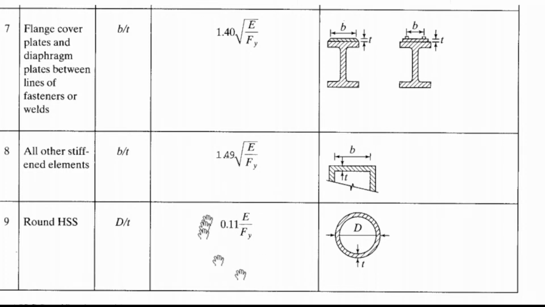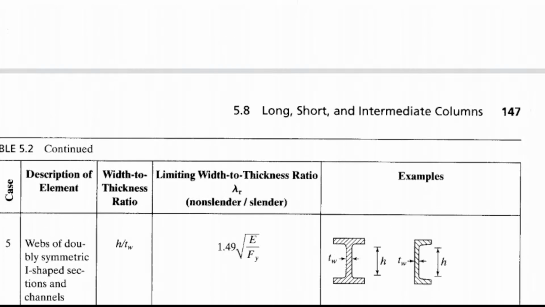Now case 9 is different: E over Fy only, there is no square root, and then multiply by 0.11. For round shape HSS, capital D over t, the outside diameter over thickness.